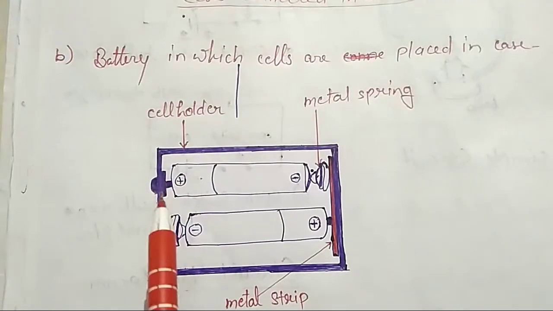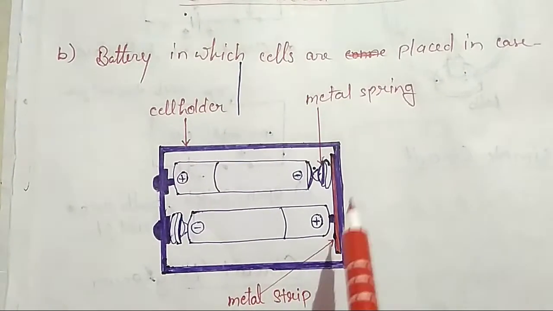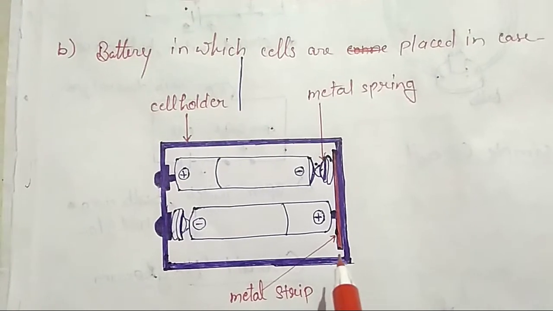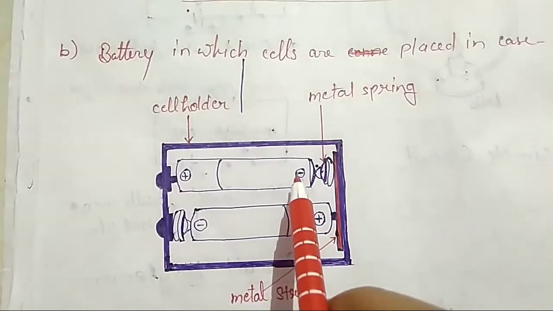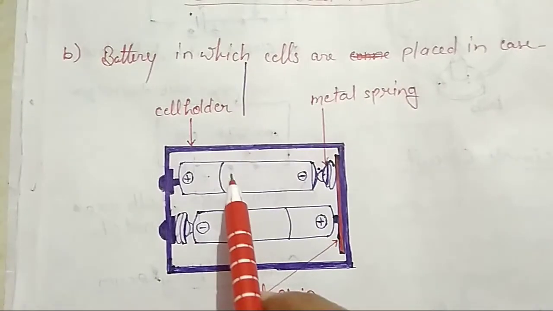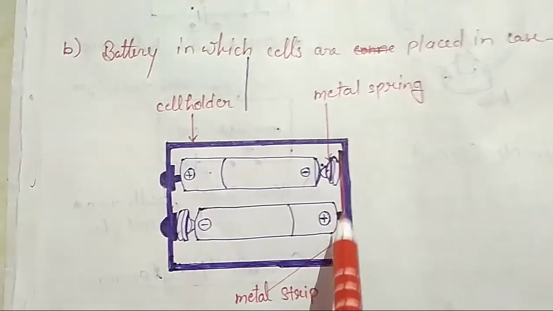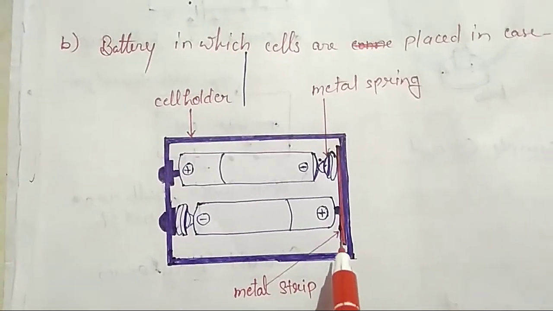Here you can see this is the cell holder, and this red color strip is a metal strip that connects the cells. This is the negative terminal of this cell, and this is the positive terminal of this cell. Both are connected to each other with the help of this metal strip.